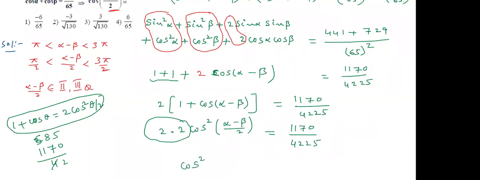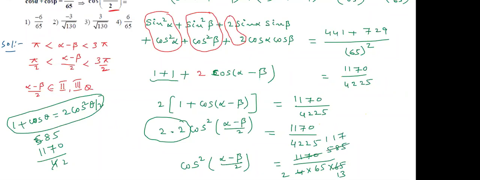Cos square alpha minus beta by 2 is equal to 1170 divided by 4 into, this is actually 65 into 65 now. Now 2 2s are 2, how many times? 585 times. Now 5 13s are 65.